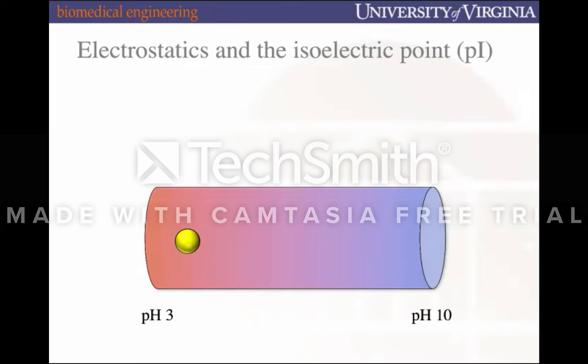And so in an acidic environment, it's a hydrogen-rich environment, and the negatively charged amino acids will then take on these protons, take on the hydrogens, and that's going to change the charge of the amino acid. It's going to change the charge and then eventually change the structure and function of this protein. And so it's going to neutralize the negative charge here on the amino acids. And so in an acidic environment, a protein is going to become positively charged.